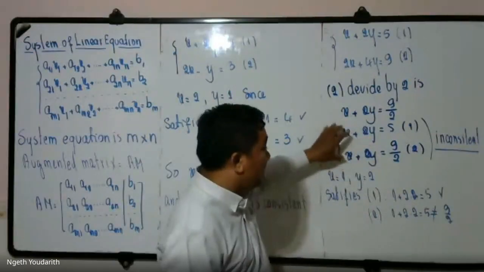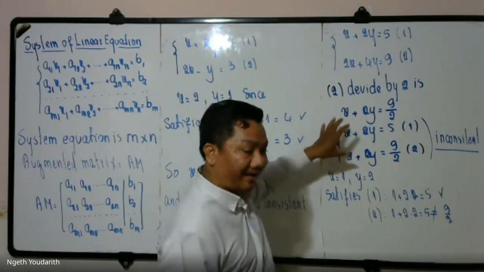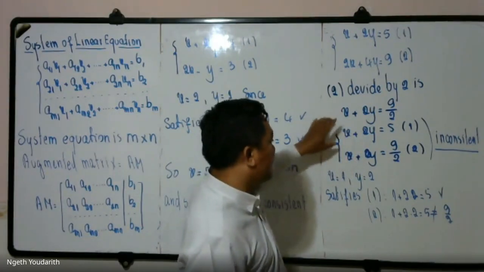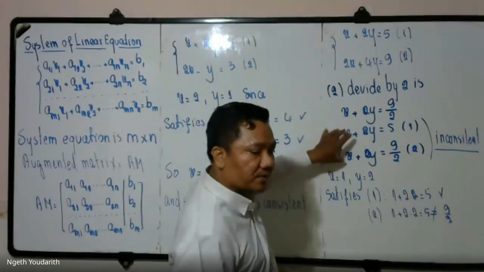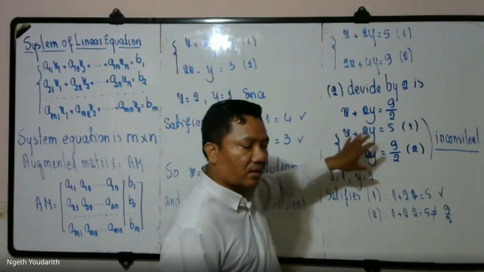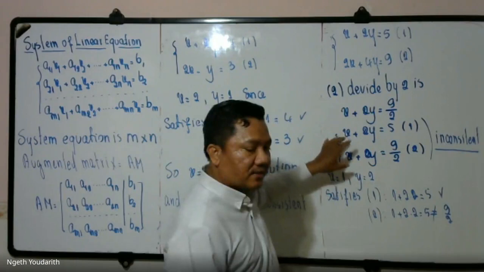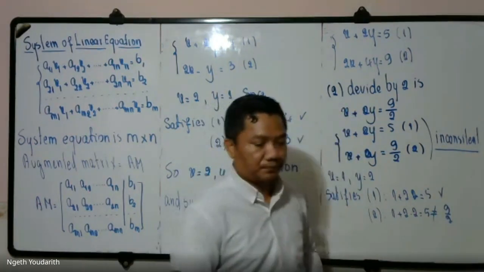If we look at equation 1 and equation 2 on the graph, and we call the system of linear equations with no solution inconsistent, how about the graphs of equation 1 and equation 2?